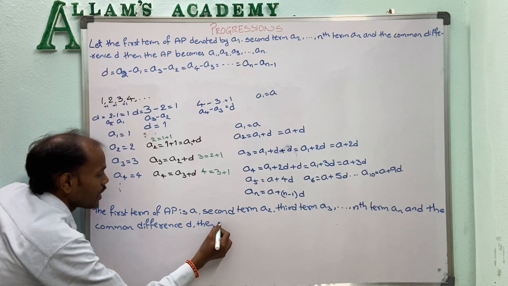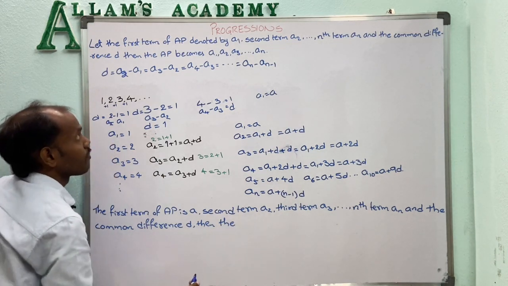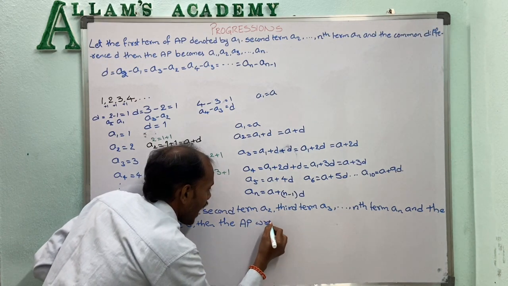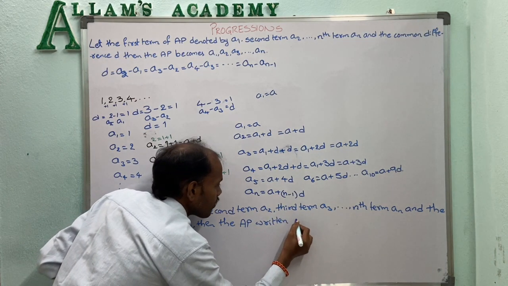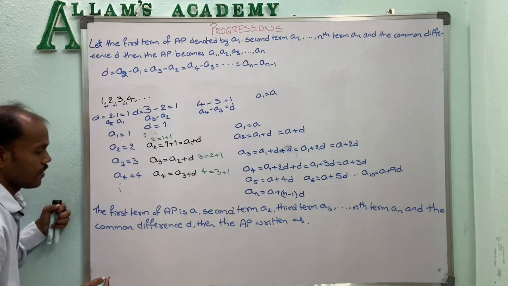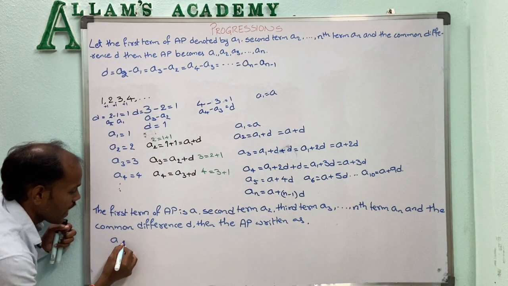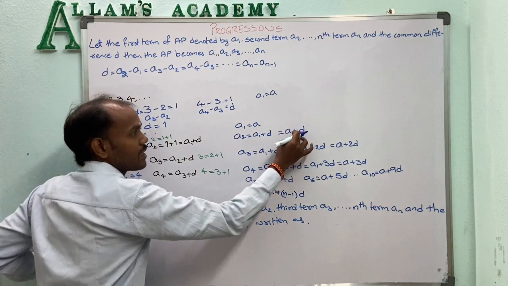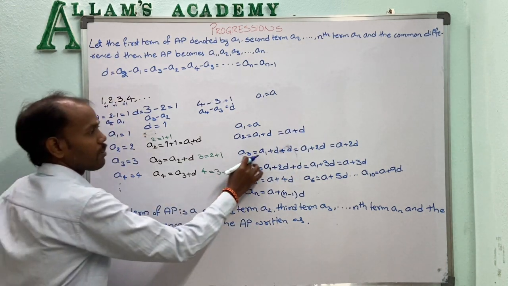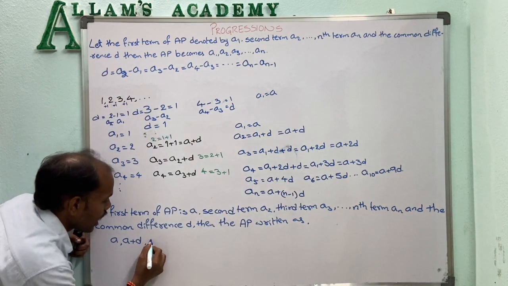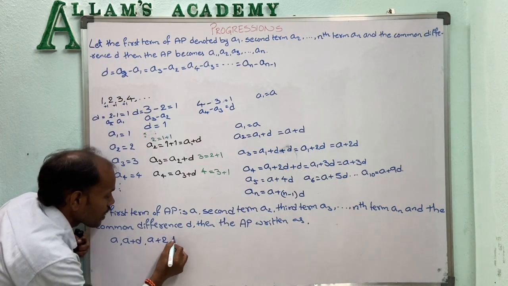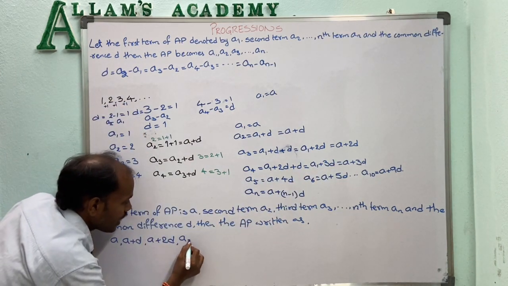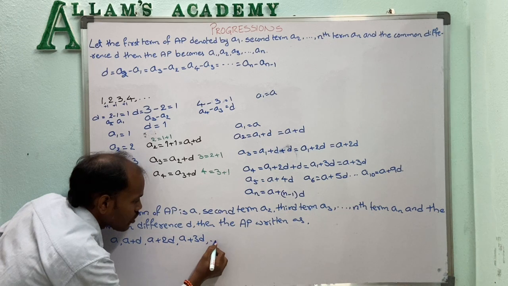Then the AP is written as: the first term A, the second term A2 can be written as A plus D, the third term A3 as A plus 2D, and the fourth term as A plus 3D, and so on.